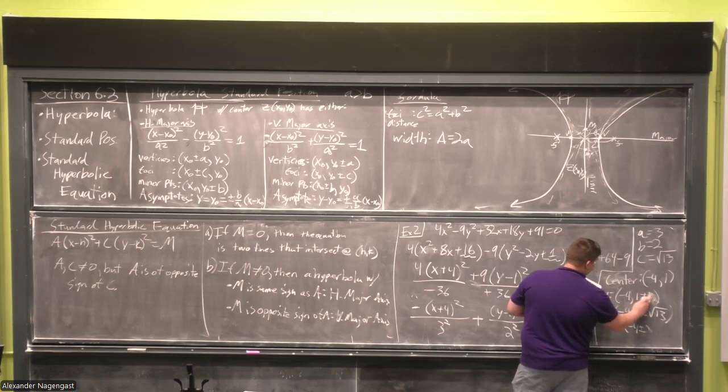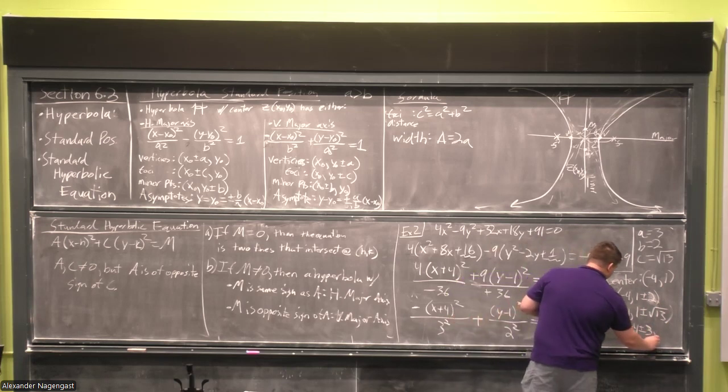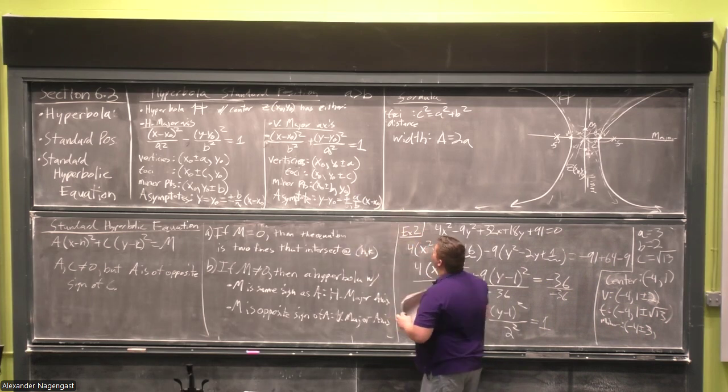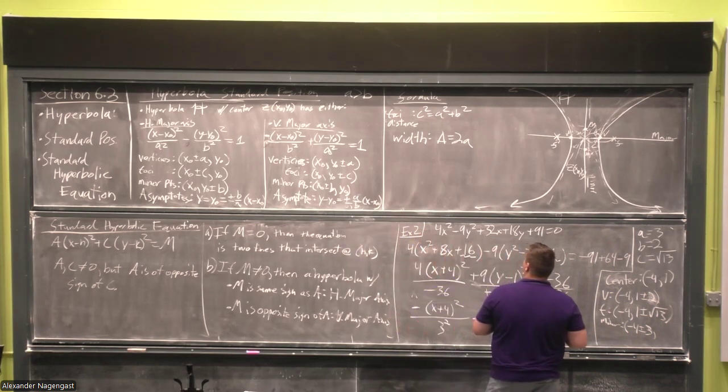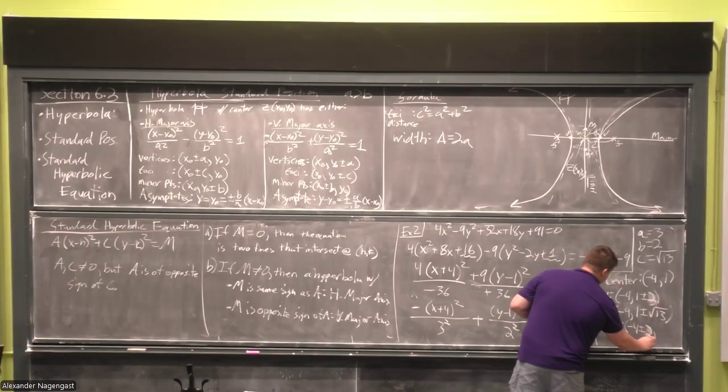I'm sorry, here this is 2, this is 3. My apologies on that, because we have our terminologies switched. This is 3, this is 2.